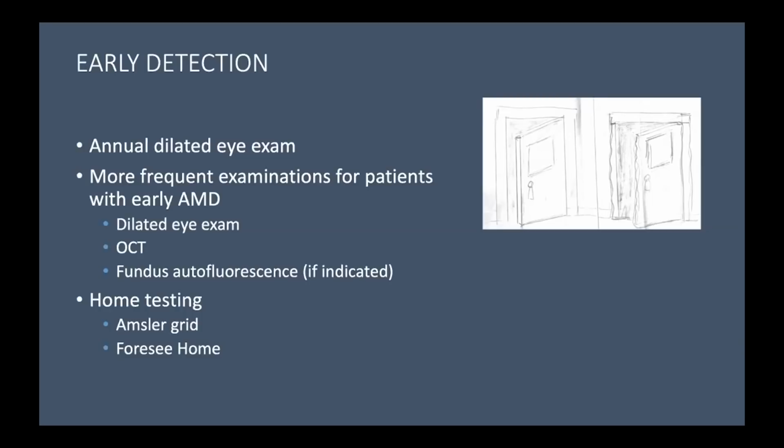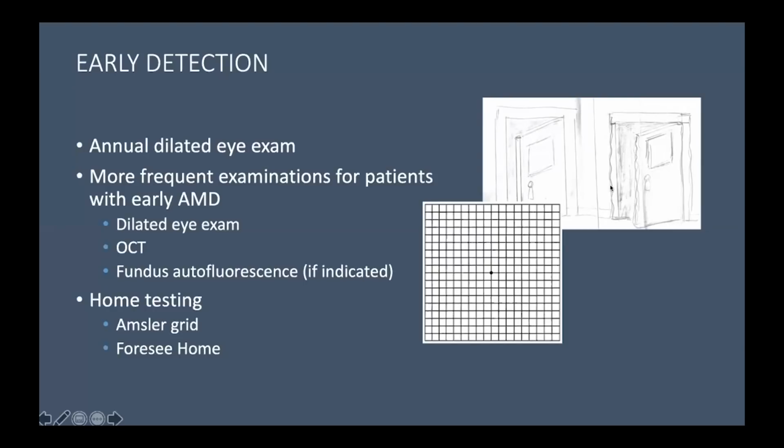And we can recommend home testing with an Amsler grid or the ForeSee Home in order for patients to identify their symptoms earlier. Many patients will come in and say, I notice that whereas this door used to look straight, it now looks bent. Or if I look at the blinds next to my kitchen table, some of them look bent. And so that's how they know that there's been some progression of the macular degeneration. But home testing can be helpful.